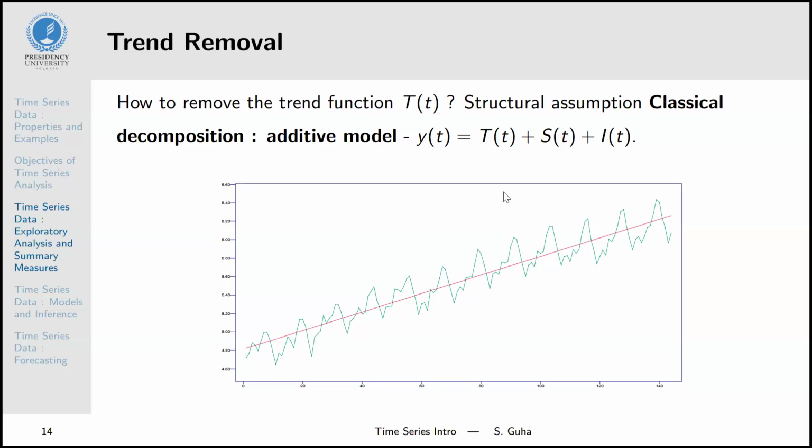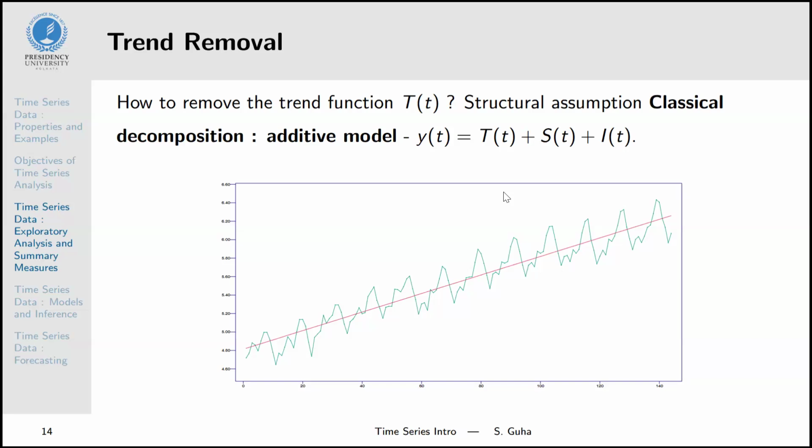But how to remove it? The removal can be done in two different ways. I can subtract the trend from the data, or I can divide. So which one to do? At this point, I have to make certain assumptions, a structural assumption for the underlying data.